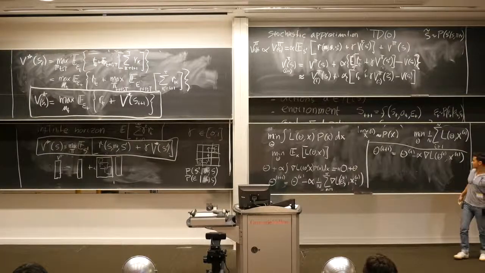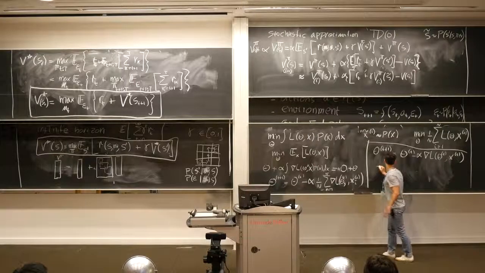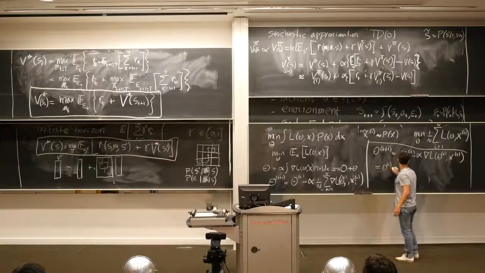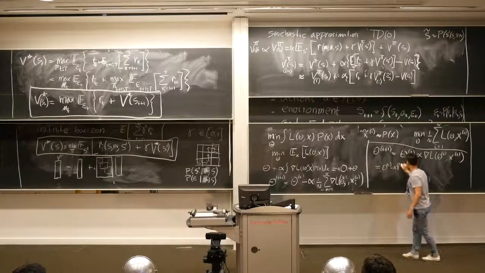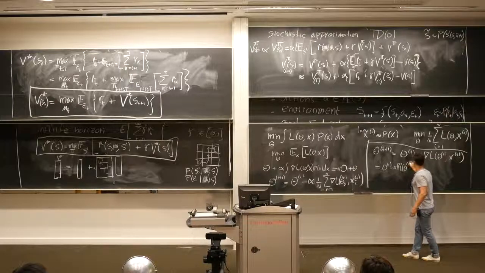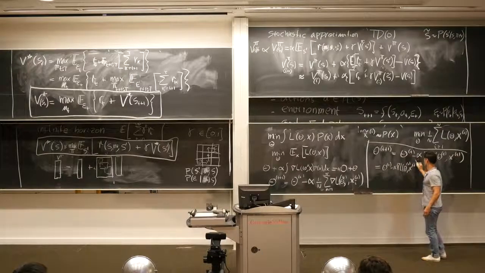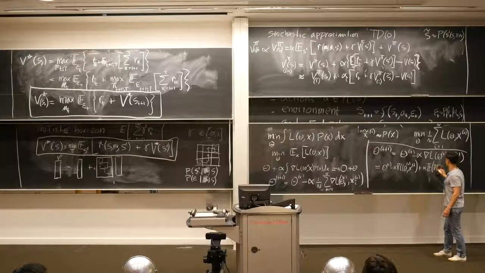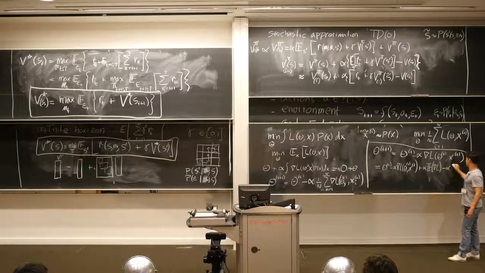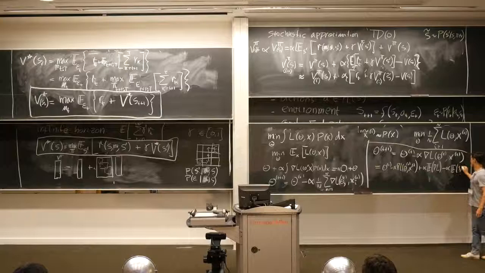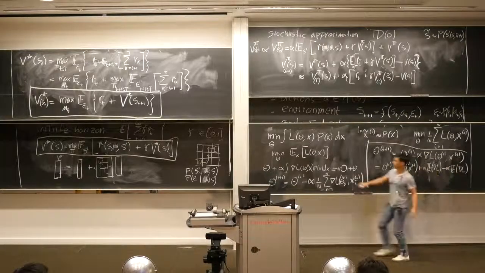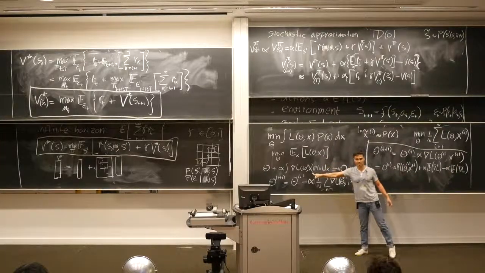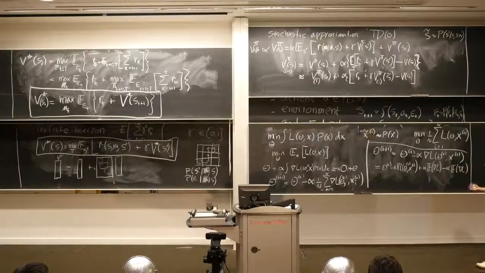Now, why does this make sense? Let's make this equal to theta t minus alpha grad L theta t comma xt. And I'm going to add to this alpha times the expectation of the gradient of L, minus alpha times the expectation of the gradient, the expectation of the gradient being this expression here, so the true gradient.